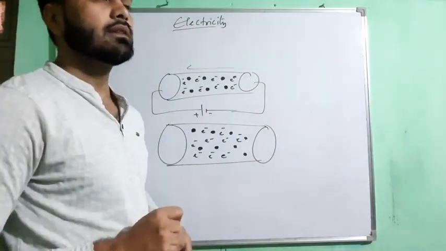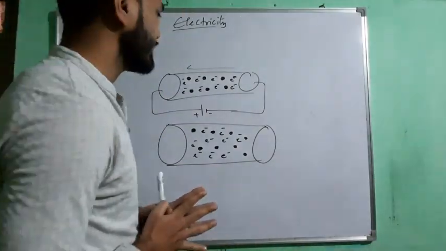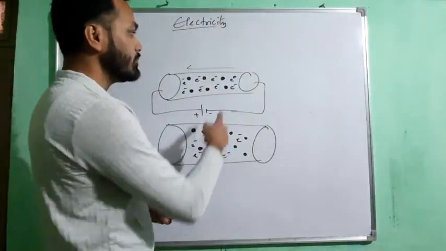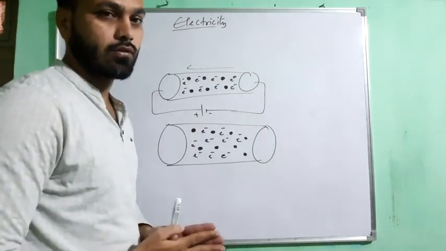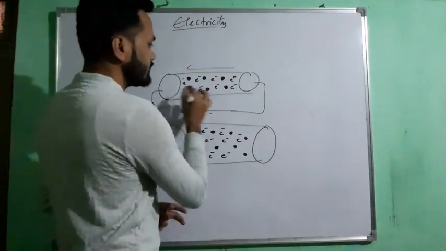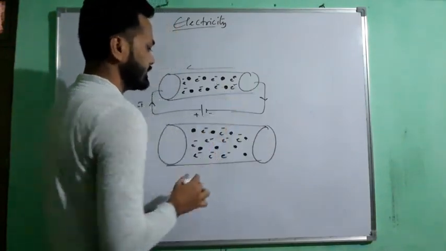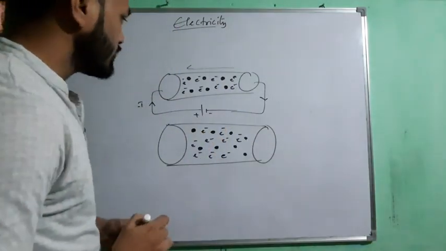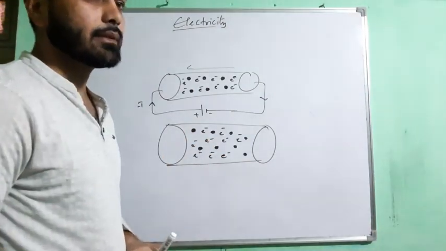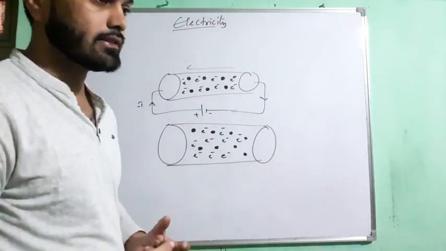But children, remember, by convention it has been decided that the direction of current will be taken opposite to the direction of flow of electrons, which means the direction of electric current will be from the positive terminal to the negative terminal. After knowing that, we will know how the resistance is provided by the material and what factors it depends on.